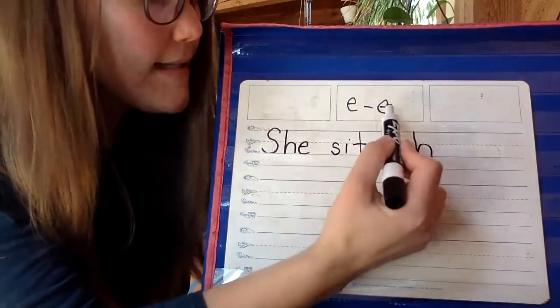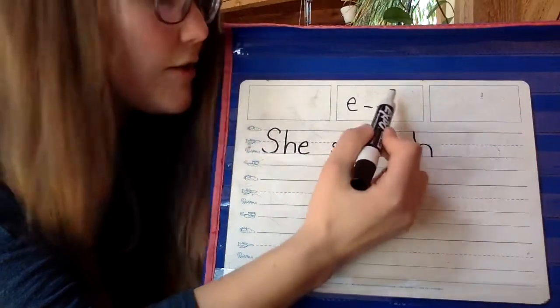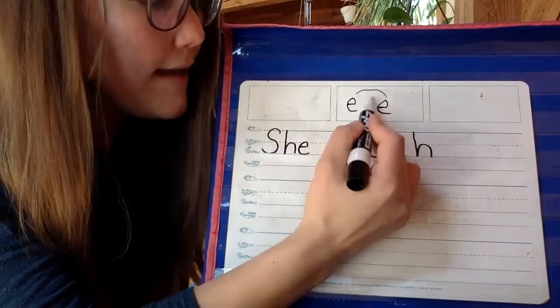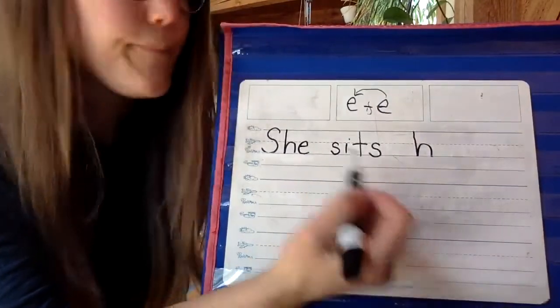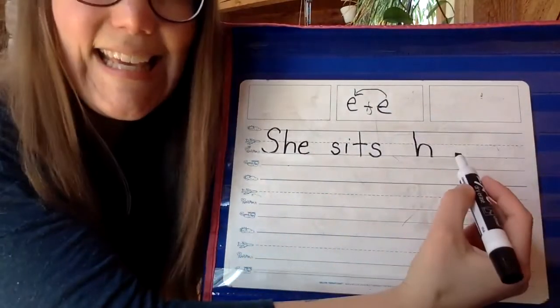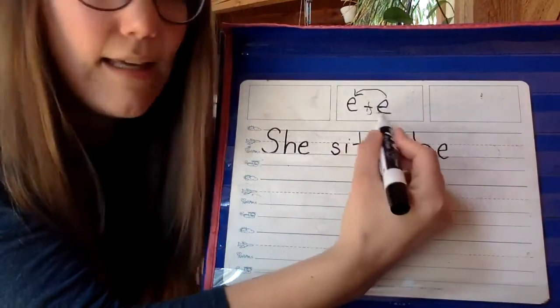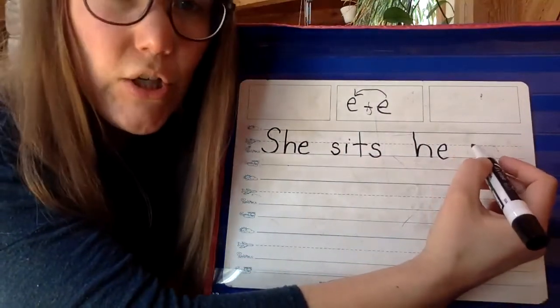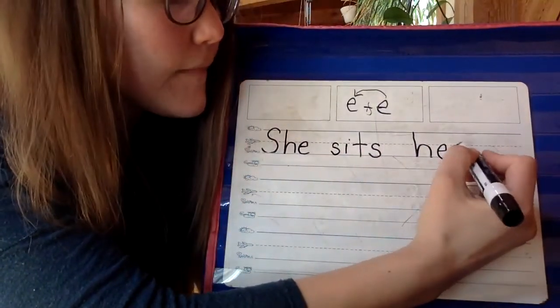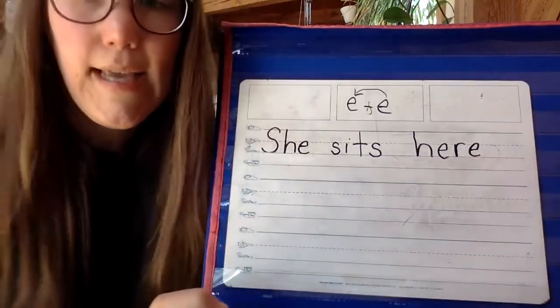This card means that the magic E jumps over whatever letters right here and tells that E to say its name. So she sits here. E, and then I'm thinking E. What letter is going to go in right where that dash is? The here. And then to make this E say its name, I need to add the E on the end.